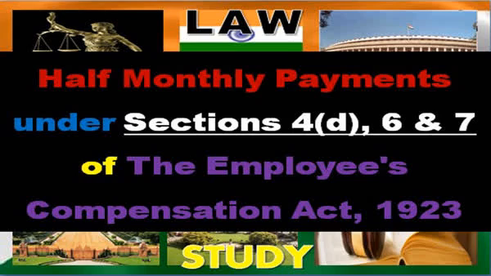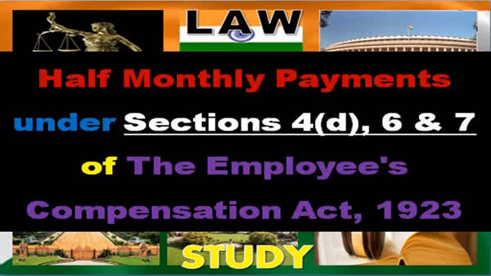Explanation 2. In assessing the loss of earning capacity for the purpose of subclause 2, the qualified medical practitioner shall have due regard to the percentages of loss of earning capacity in relation to different injuries specified in Schedule 1.